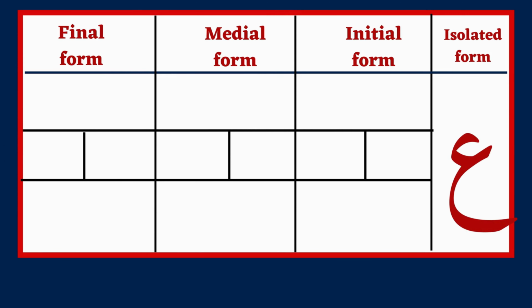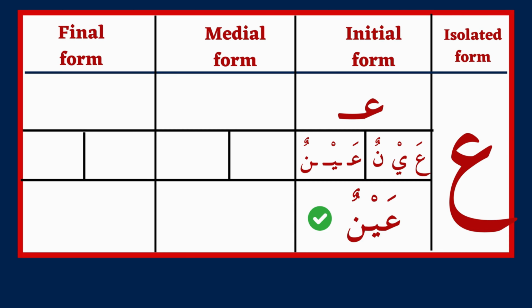Ain. Ain permits connection from both sides, right and left, like others. When a word starts with this letter, observe how we compose it, opening it for the successive letters to unite. Notice the complete word now. Very straightforward.